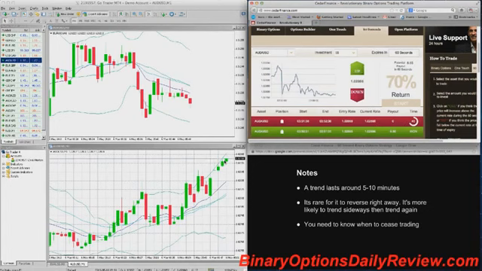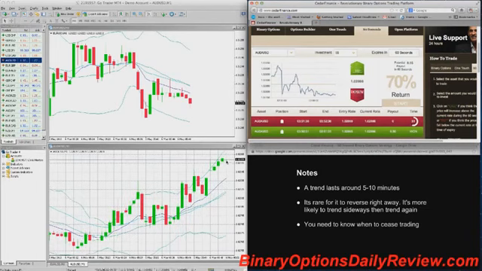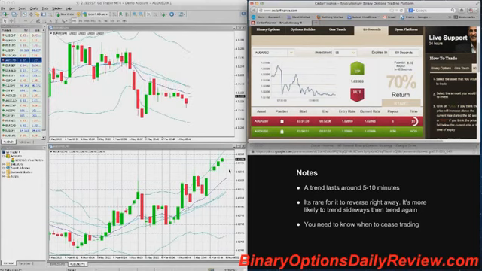But at the moment, it might have reached its top and start to go either sideways and choppy or reverse back the other way. So I'm right on. This looks like I'm going to lose my second trade.